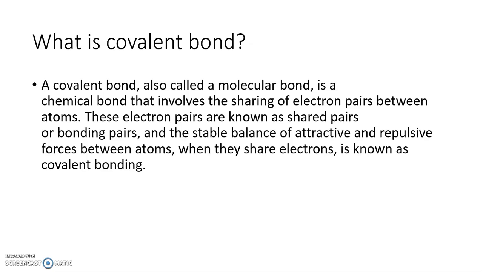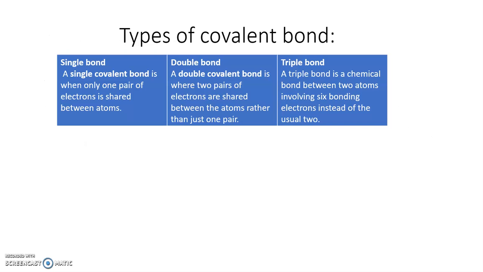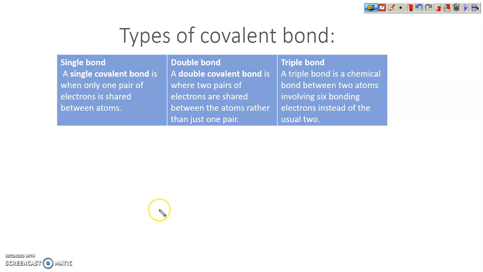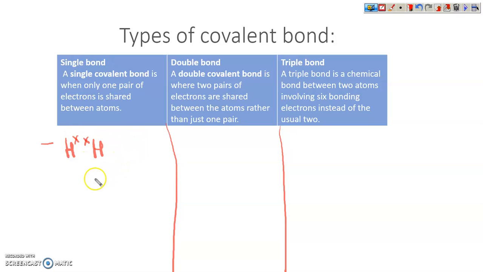Now, there are three types of covalent bond: single bond, double bond, and triple bond. First we'll discuss the single bond, then the double bond, then the triple bond. For the single bond, I will take one example. H, hydrogen. It has one electron in its outermost shell. So H, now it became two.